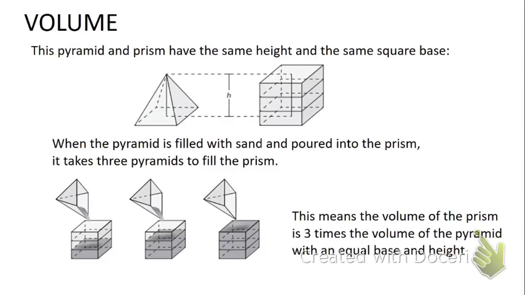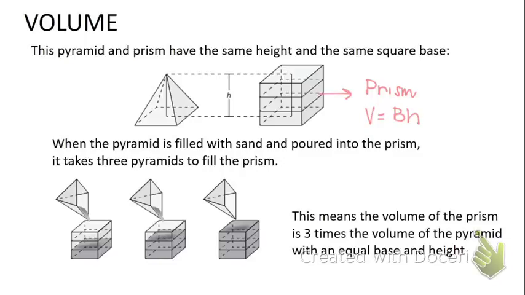No. So the pyramid and prism have the same height and the same square base. So these two are the same. Do you guys see that? The same height and the same square base. But one is a prism and one is a pyramid. So when the pyramid is filled with sand and poured into the prism, it takes 3 of them. So we know that the volume for a prism, what did we say the volume for a prism was? Base area times height.